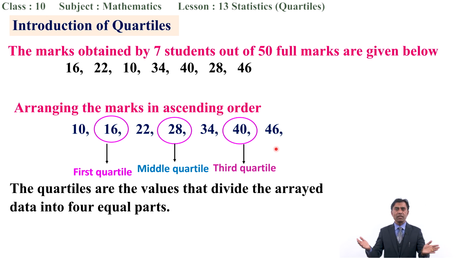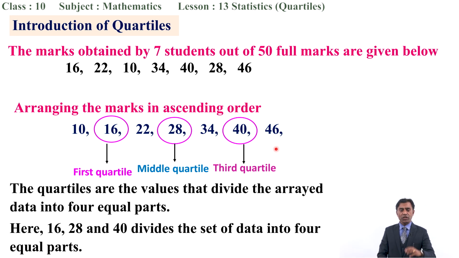When we write the given data in ascending order, the values which divide the whole set of data into 4 equal parts are called quartiles. Here 16, 28, and 40 divide the set of data into 4 equal parts. So 16, 28, and 40 are called the quartiles of the given data, where 16 is the lowest one, so this is called lower quartile or first quartile.